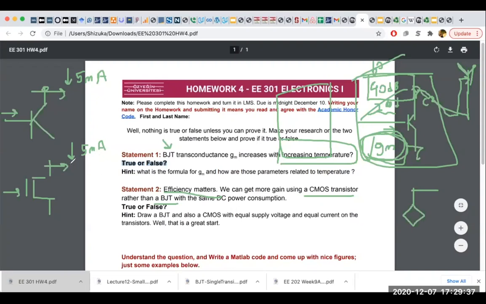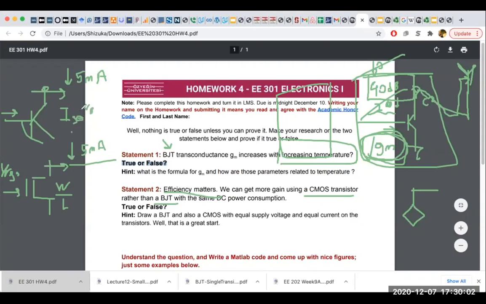Of course, for that 5 milliamp, you need to find the VGS voltage here. And for that VGS voltage, you need to know the W over L. And similarly for the BJT, this current is provided as IS exponential of VBE over VT.